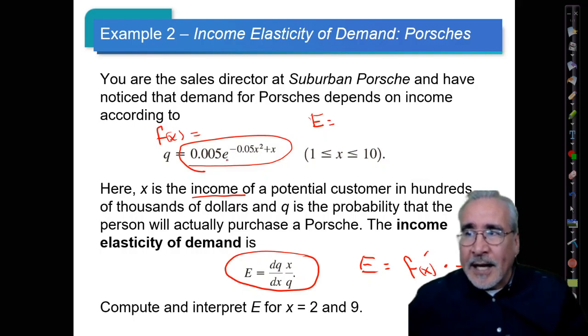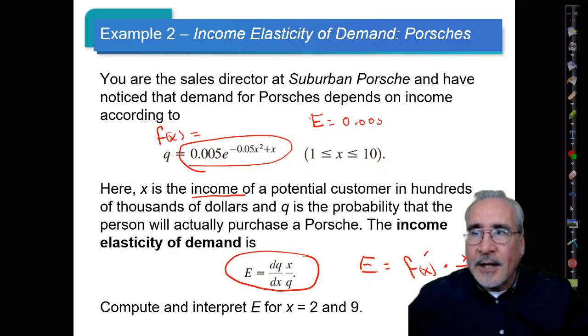It's a natural exponential, so it is its own derivative. Then the chain rule says we multiply by the derivative of the inside part, which is the exponent. So for the derivative part, we get 0.005 e to the minus 0.05 x squared plus x.